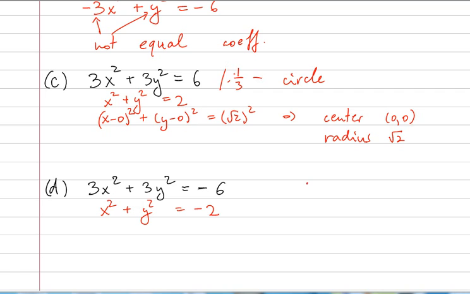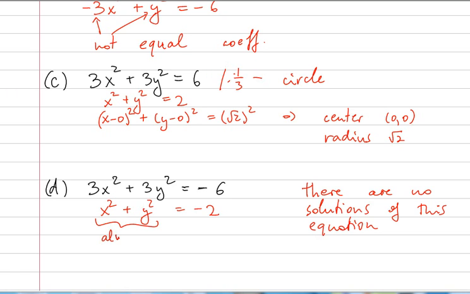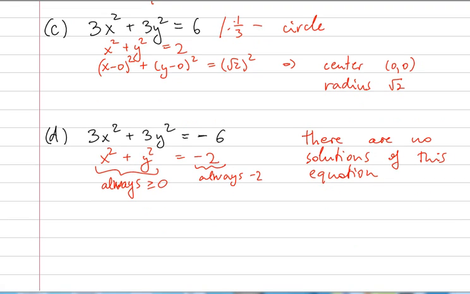So actually, there are no solutions of this equation, because the left hand side is always bigger than or equal to 0, while the right hand side is always negative 2. So something that's bigger than or equal to 0 can never be equal to negative 2. So there are no x and y such that this is true, so no points.